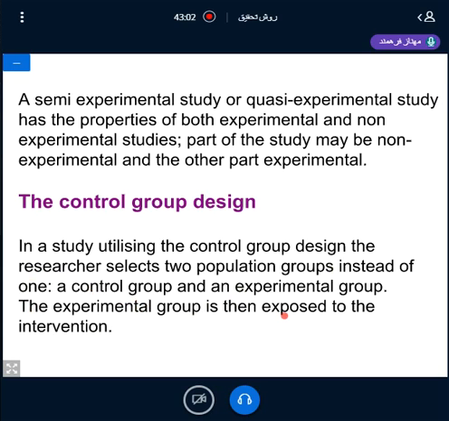The experimental group is then exposed to the intervention. So we must have the control group in our studies, before the study and after the study. We must compare the control group to our experimental group.